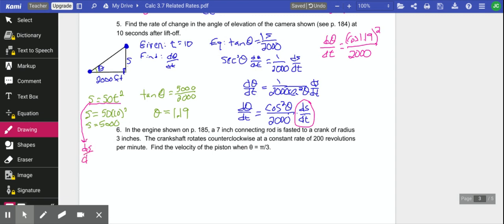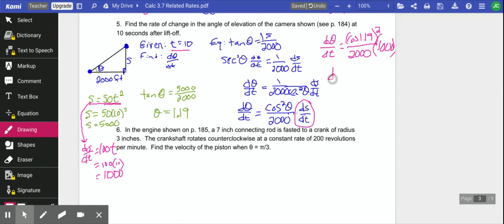ds dt is, if we take the derivative of 50t squared, that gives us 100t. We want to evaluate that. Remember, we were given that t is 10, so we plug in 10. So ds dt is 1,000. We'll come back over here and multiply this by 1,000.